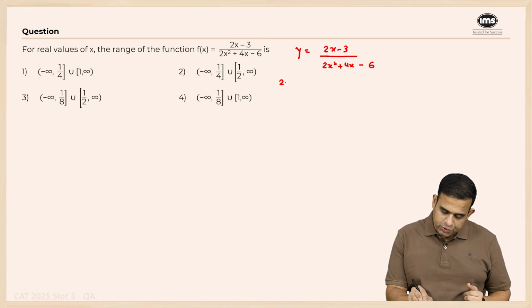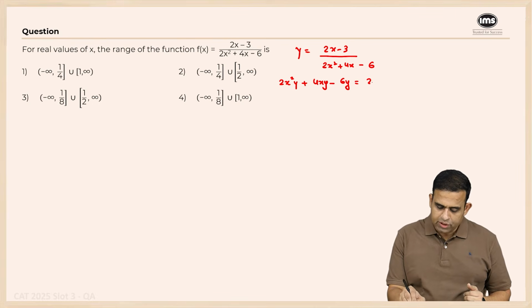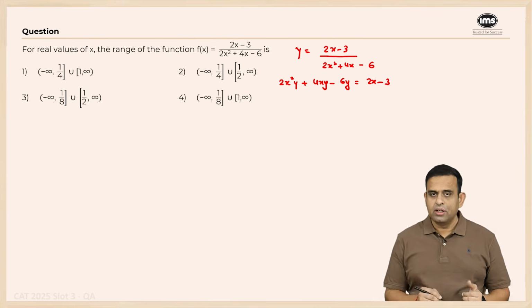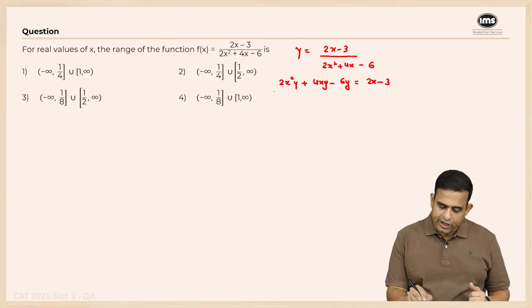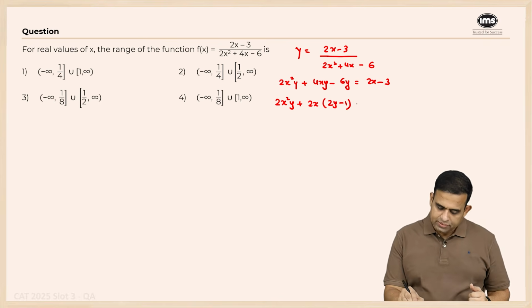So you will get 2x square y plus 4xy minus 6y is equal to 2x minus 3. If I bring everything to the left hand side, you are going to get 2x square y, I will take plus 2x common, you will get 2y minus 1, and I will take minus 3 common, you will get 2y minus 1 equals 0.